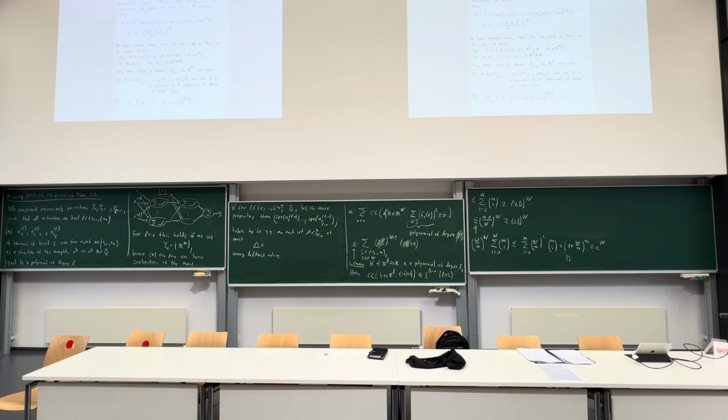Polynomials, and how many variables are there? So my activations are polynomials. Polynomials, and how many variables? No, this is polynomials of the weights. RL is the number of neurons you have.